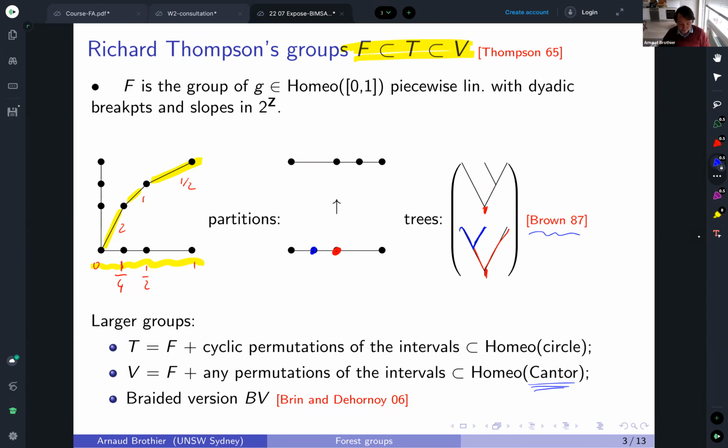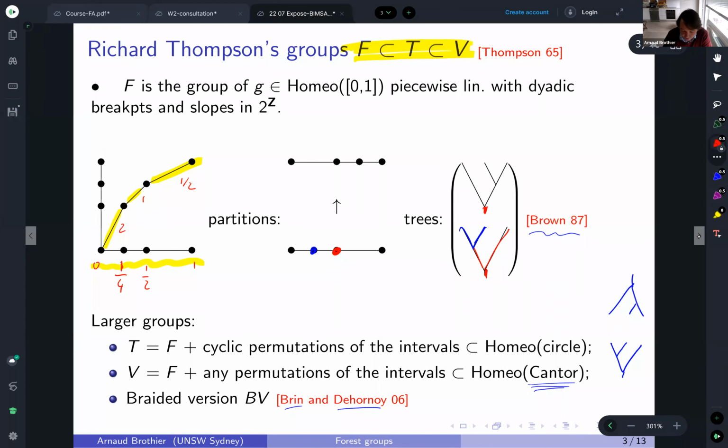And so much later, there was another group that was independently discovered by Matt Brin and Patrick Dehornoy in 2006. And that is called the braided Thompson group. So it's a braided version. And if I want to write an element of the braided Thompson group, it will look like that. So here it's common actually to put the tree upside down like that.